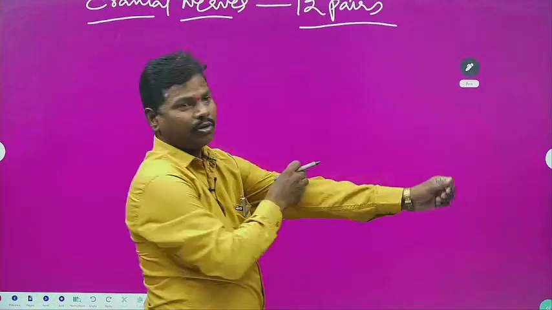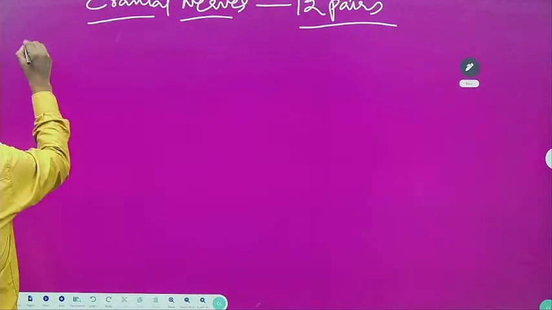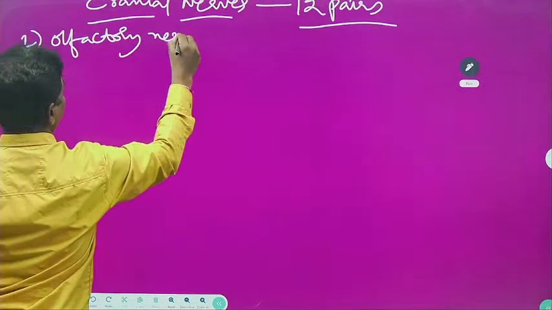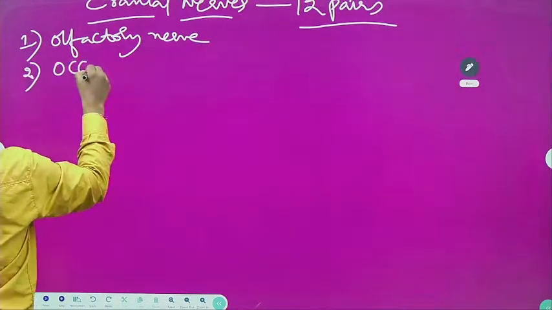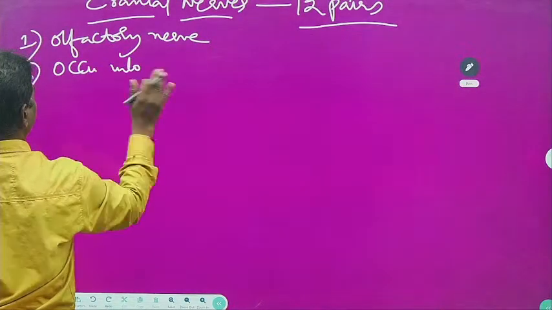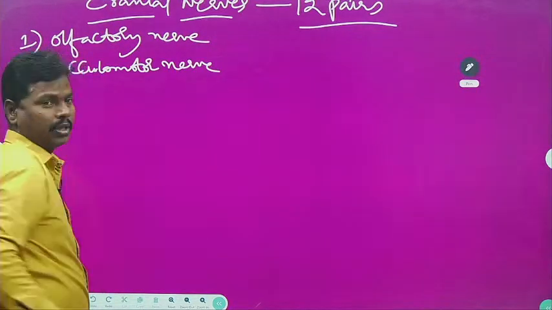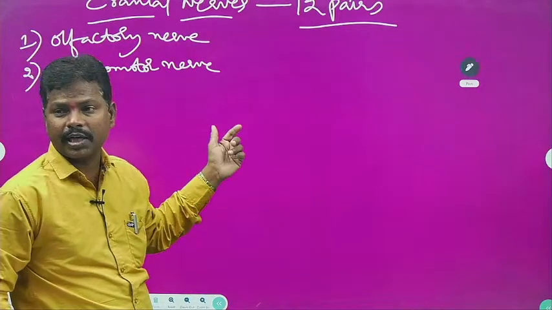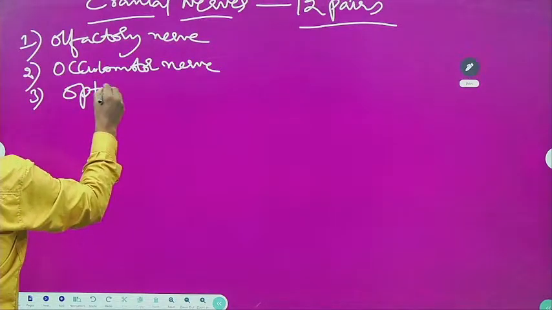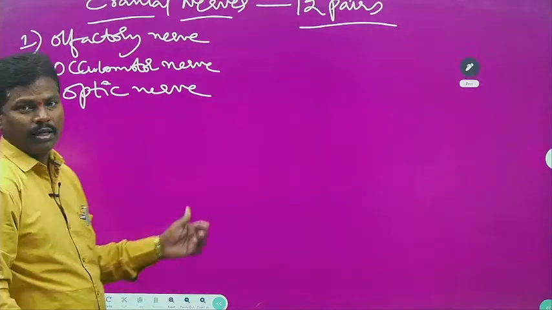So, what are they? Let us see. First one, olfactory nerve. Second one, oculomotor nerve. Third one is optic nerve.